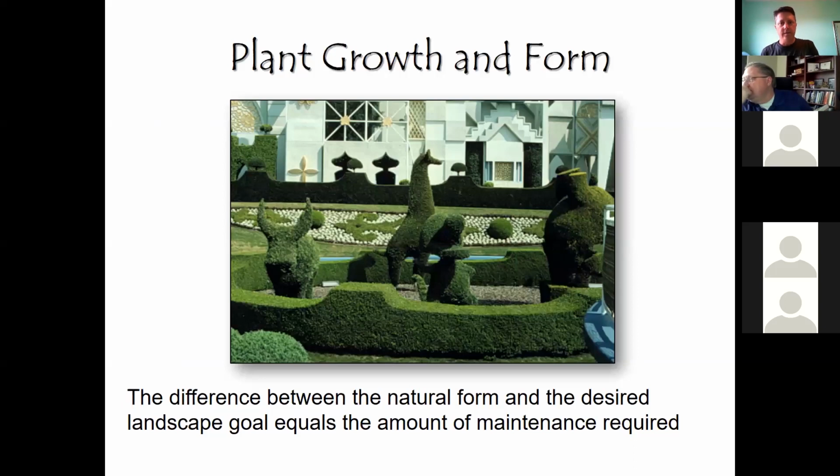And then I like to just mention this, and this is also the case whether we're talking about woody plants or herbaceous plants: the difference between the natural form of a plant and the desired landscape goal equals the amount of maintenance required. So we talk about bringing plants into, say, the arid West or to Utah, like blueberries, for example.